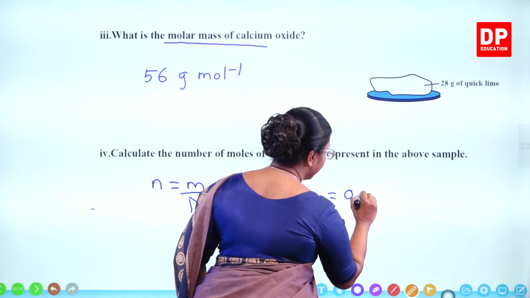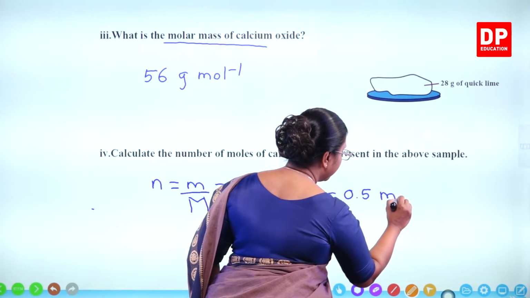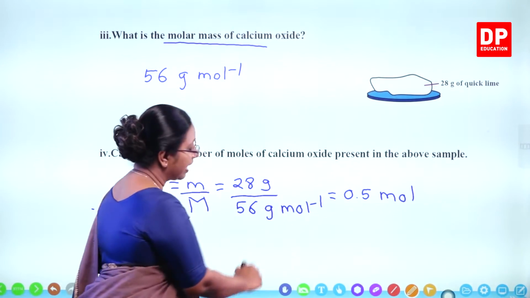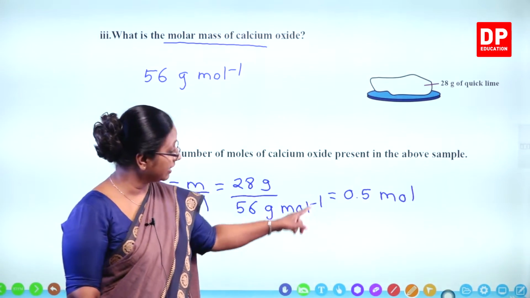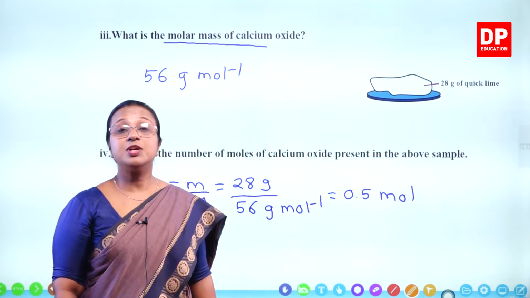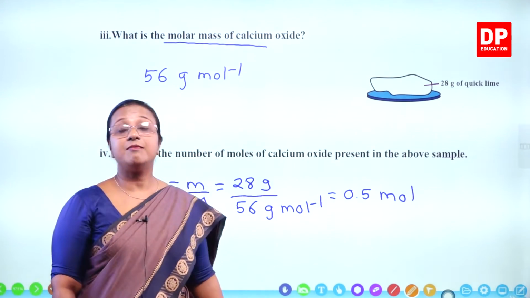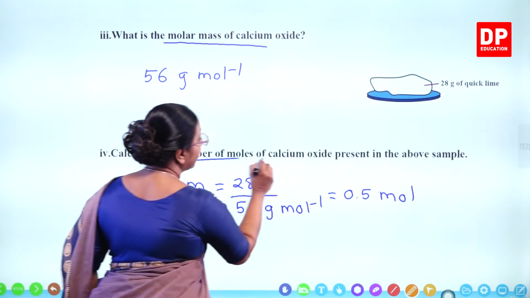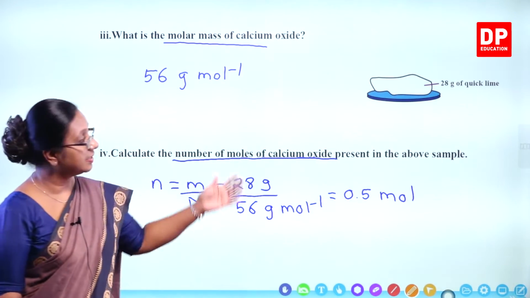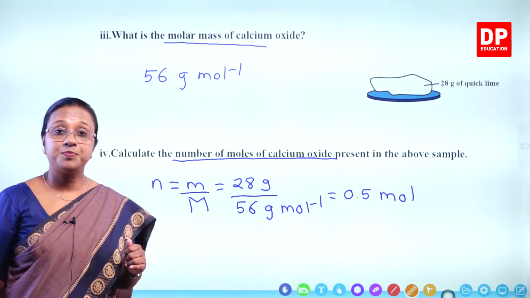So that is equal to 0.5 moles. You know the gram and gram get cancelled off, and the mole to the power of minus 1 goes up and becomes mole. So 0.5 moles is the number of moles of calcium oxide present in the above sample.